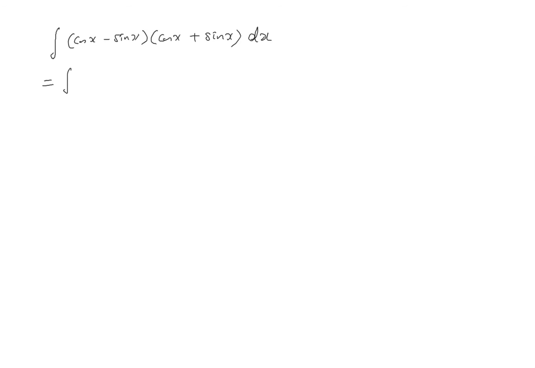You expand it to cos square x minus sine square x. Next, use the double angle formula. Cos square x minus sine square x is cos 2x. So this is equal to integrate cos 2x.